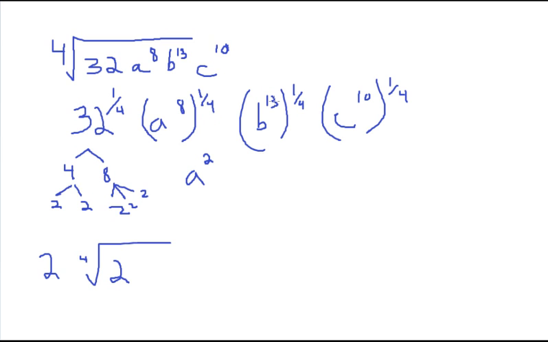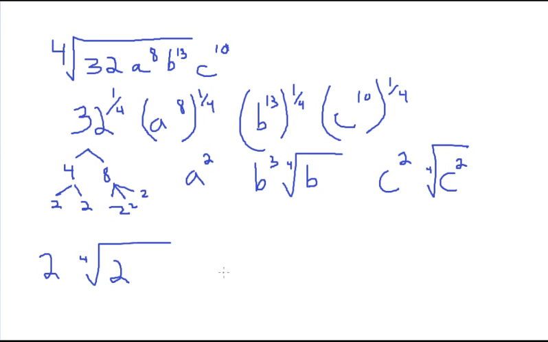So 4 goes into 13 3 times, so that would be b to the 3rd power, and there's 1 remainder, so that would be b, and the 4th root of b. Alright, and then if we go to 10, 4 goes into 10 2 times, with a remainder of 2, so that would look like c squared, and then there's gonna be another c squared in here because the remainder is 2.